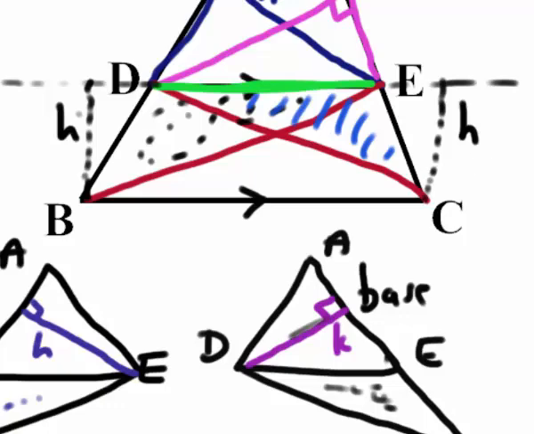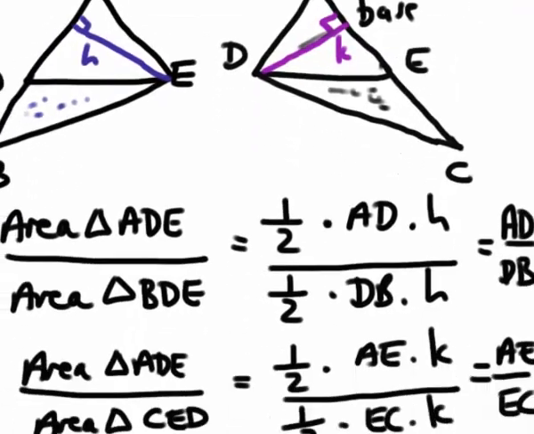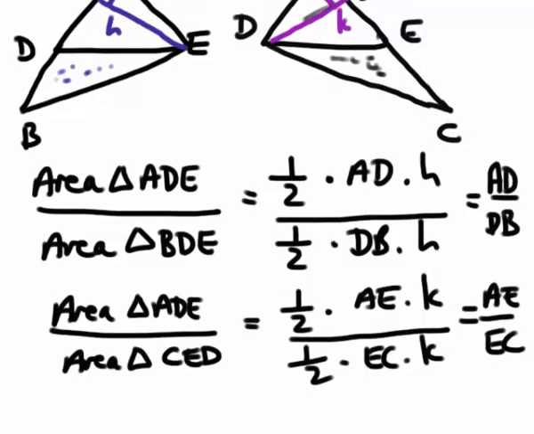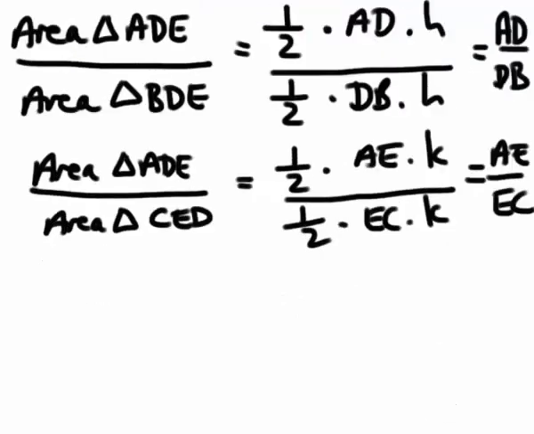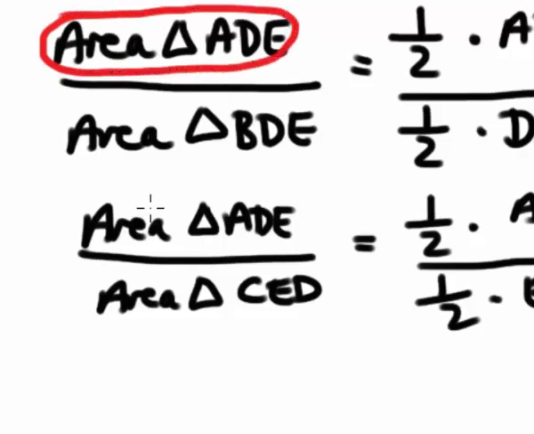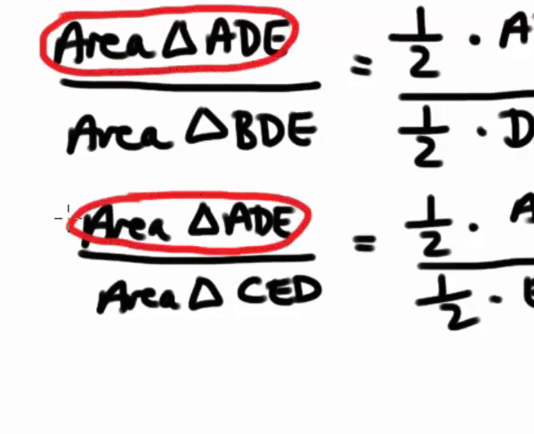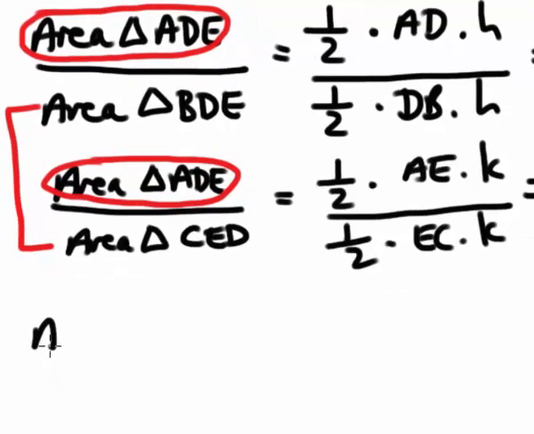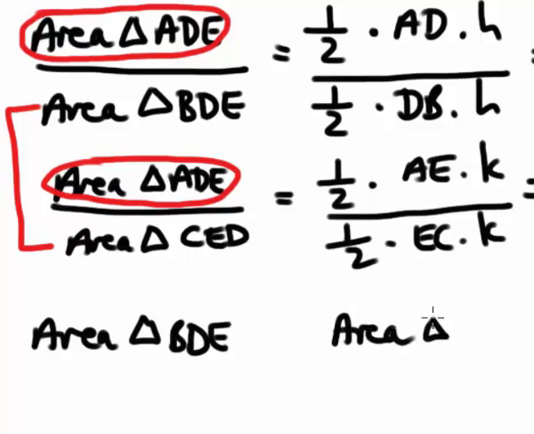Now what we can say is this, and this is so important. Can you see that the area of ADE is identical to ADE? That's not a problem. But what about these two? Would these be equal? Well, let's see. What we've got is the area of triangle BDE and the area of triangle CED.